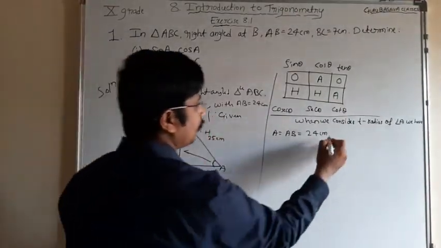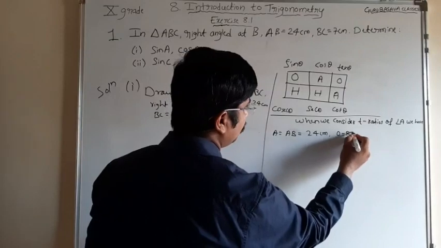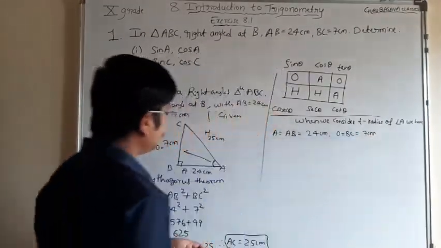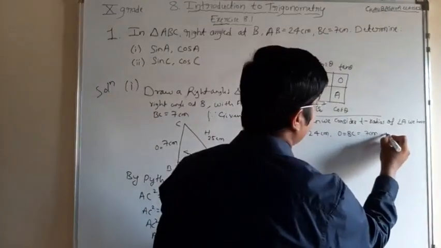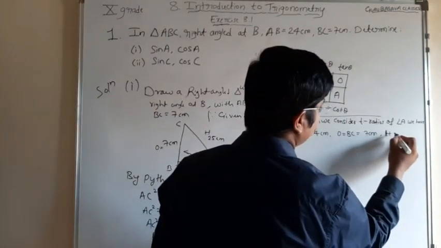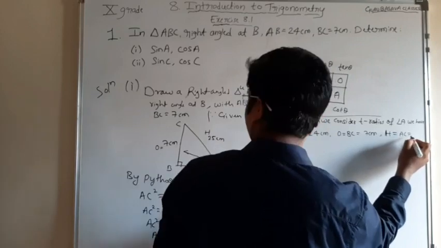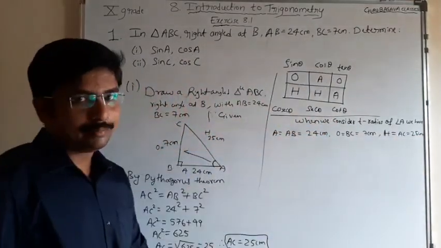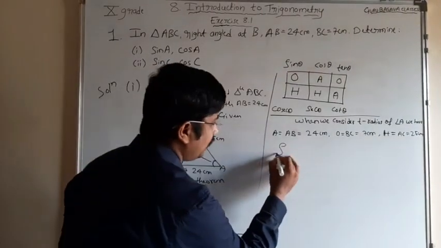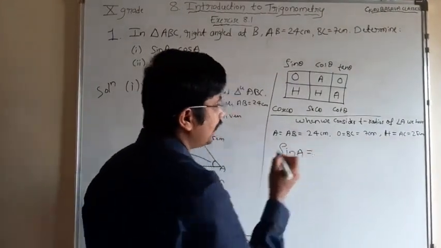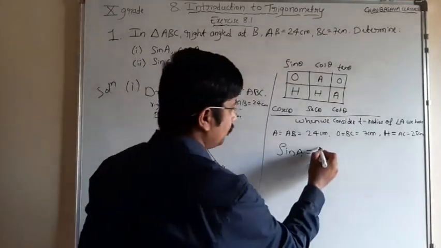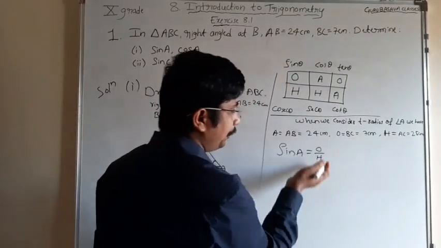Next, opposite side BC is equal to 7 centimeter. Hypotenuse AC is equal to 25 centimeter. Now we have to find sin A. Sin A is opposite side divided by hypotenuse.